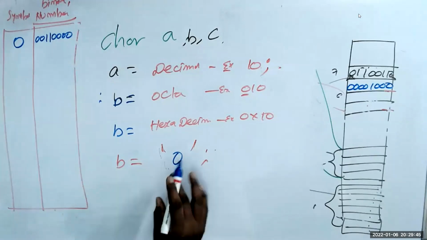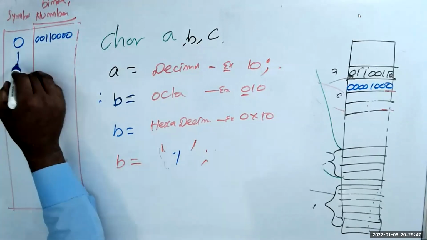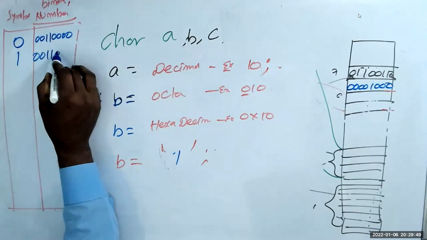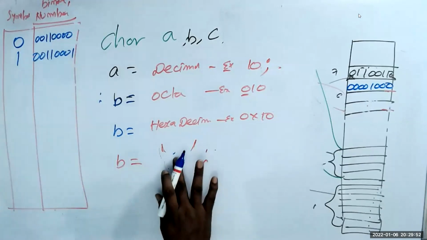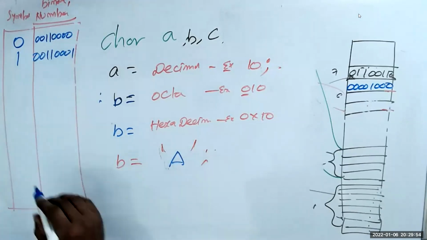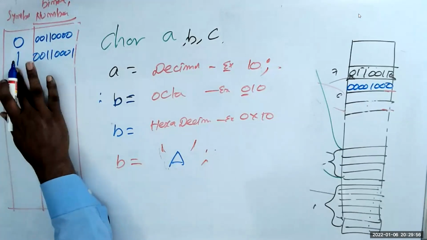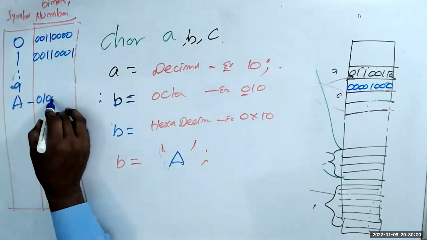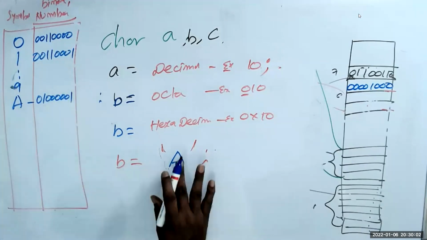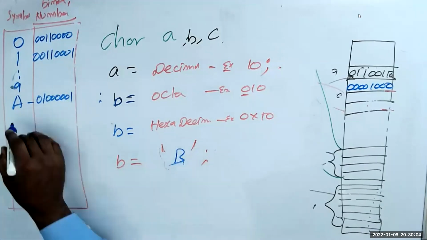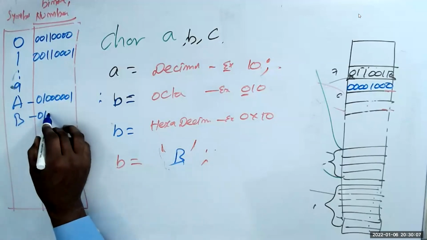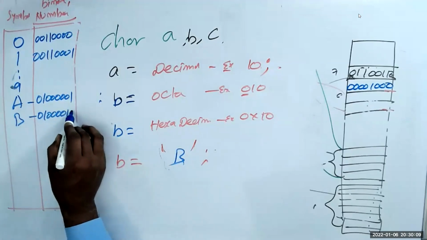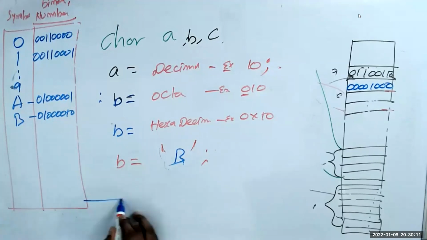If I give 1, then 0, 0, 1, 1, 0, 0, 0, 1. Quote up to 9, then A: 0, 1, 0, 0, 0, 0, 0, 1. If you give B, then 0, 1, 0, 0, 0, 0, 1, 0. These are all provided by the ASCII committee.